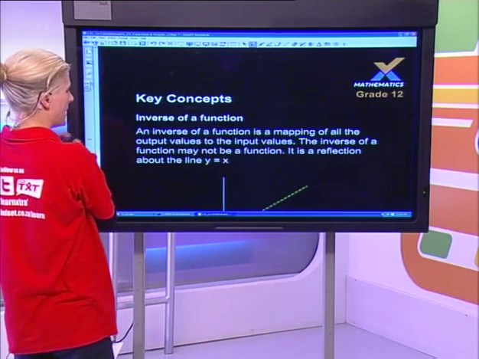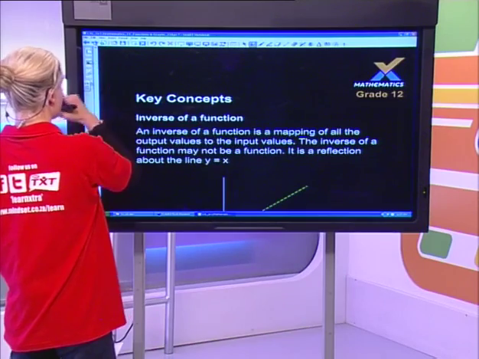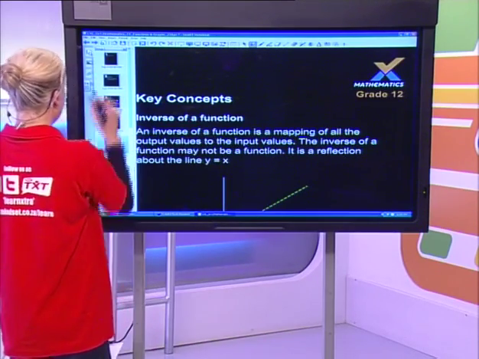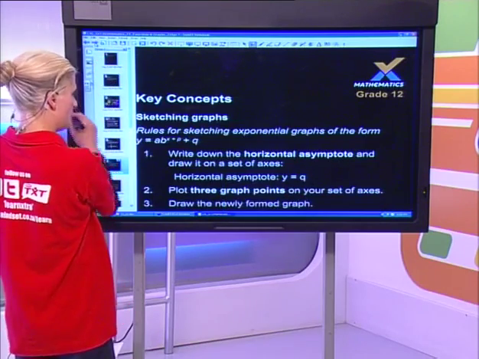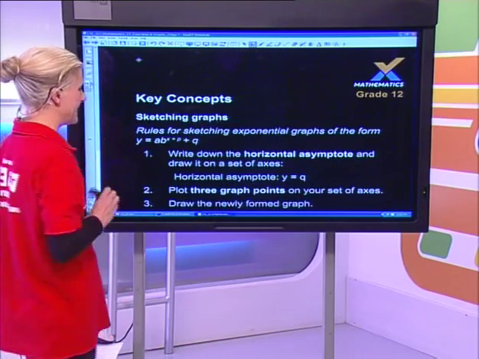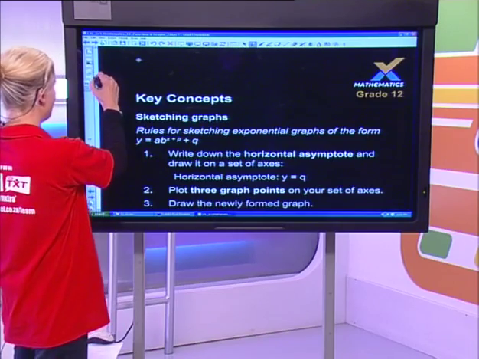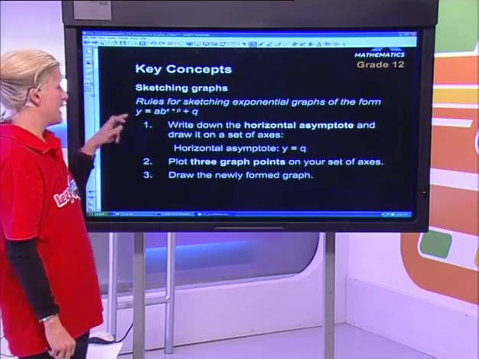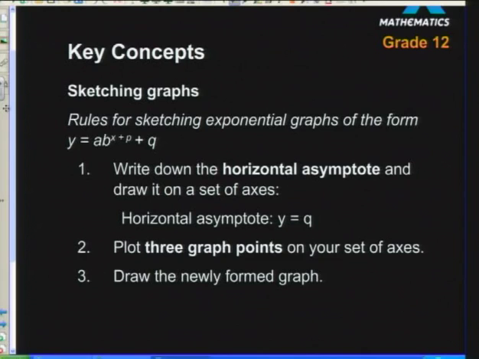We've spoken about the vertical line test. Now, before we carry on, I just quickly need to talk to you guys about your basic exponential graphs. Right. So the general equation of an exponential graph is y is equal to ab to the power x plus p plus q.